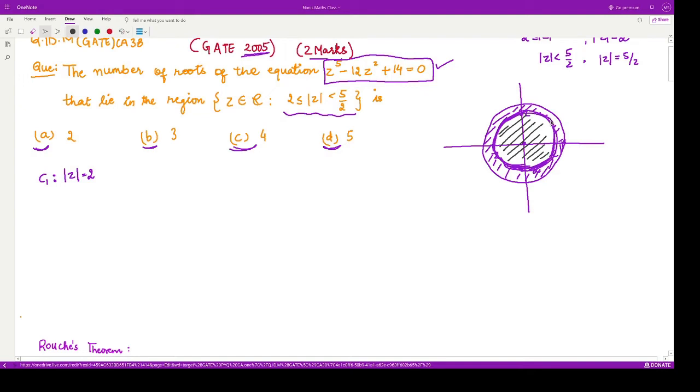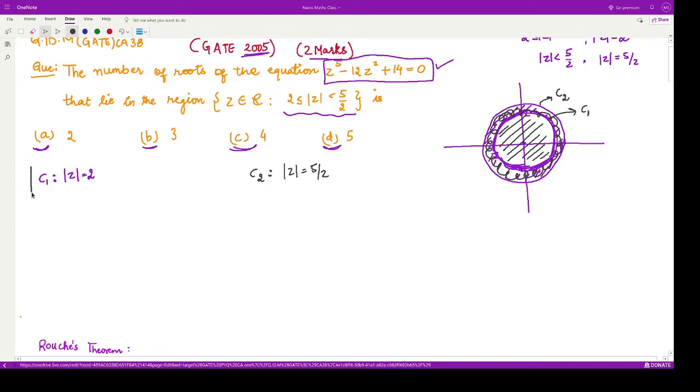Say this is our C1, right? And let us call this circle C2. Thereafter we shall see the number of zeros in the circle C2 where mod z is equal to 5 by 2. In order to obtain the number of zeros lying in this annulus, we just subtract the number of zeros in C1 from the number of zeros in C2. That would give you the number of zeros present in this annulus region.